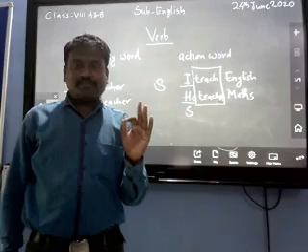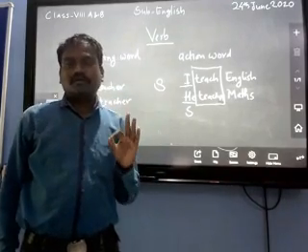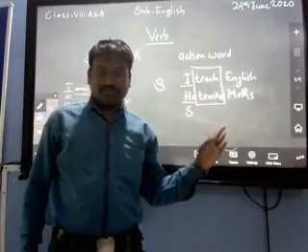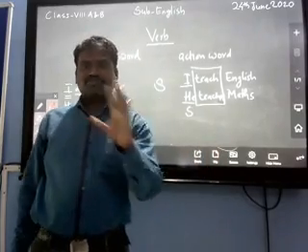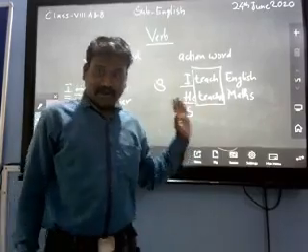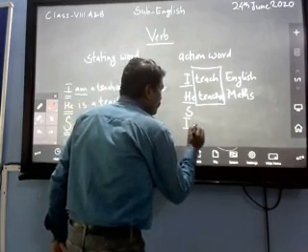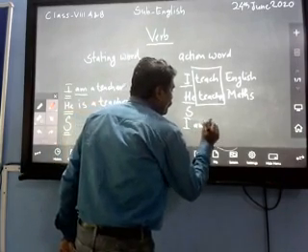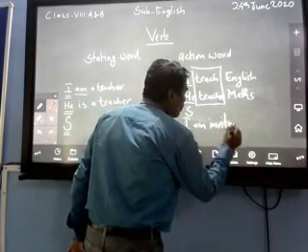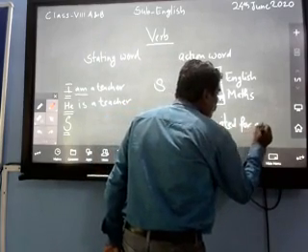To say verbs are action words performed by the subject is not the complete truth. It is incomplete. Take another example: I am invited for a party.